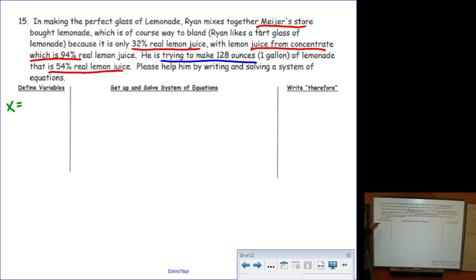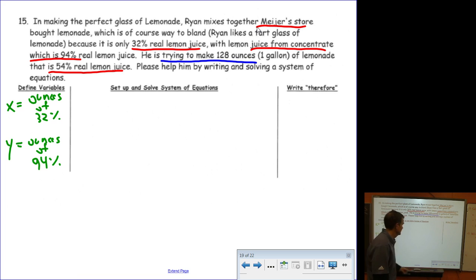So X will be the ounces of 32% juice, and Y will be the ounces of the 94% juice. And my first equation, this blue one, I know when he mixes these ounces and these ounces together, they need to add up to 128 ounces.